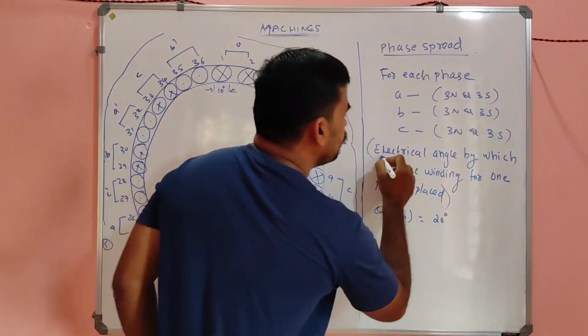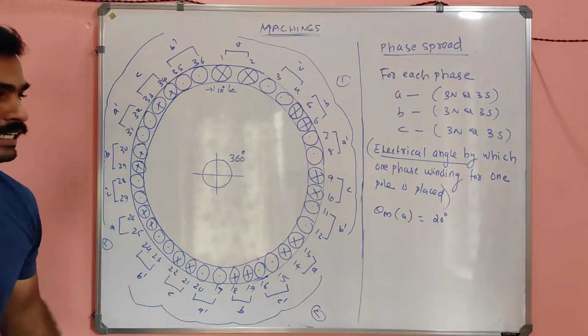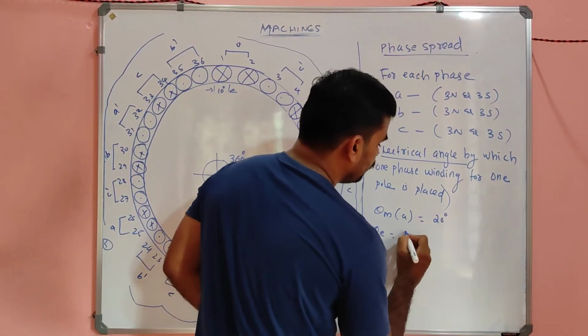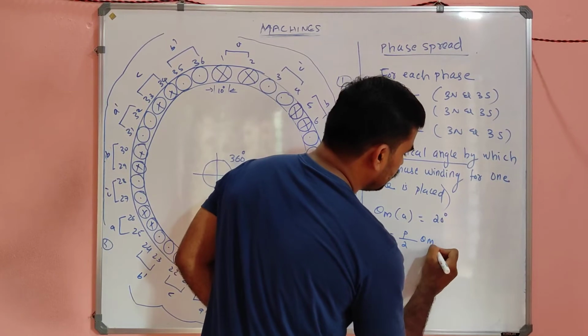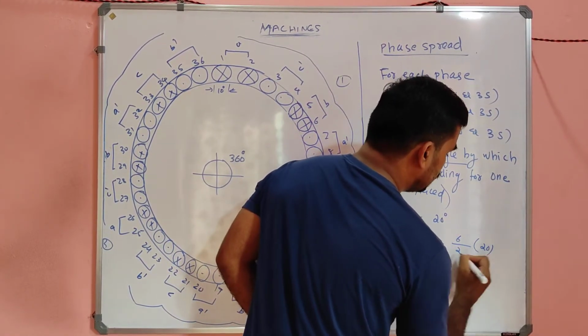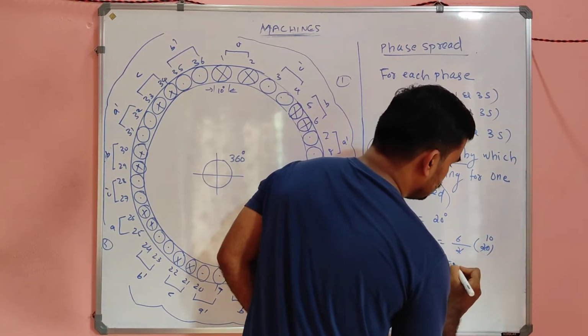So the definition is the electrical angle by which, so theta electrical will be equal to P by 2 into theta mechanical. So it will be equal to 6 by 2 into 20, so it will be 60 degree.